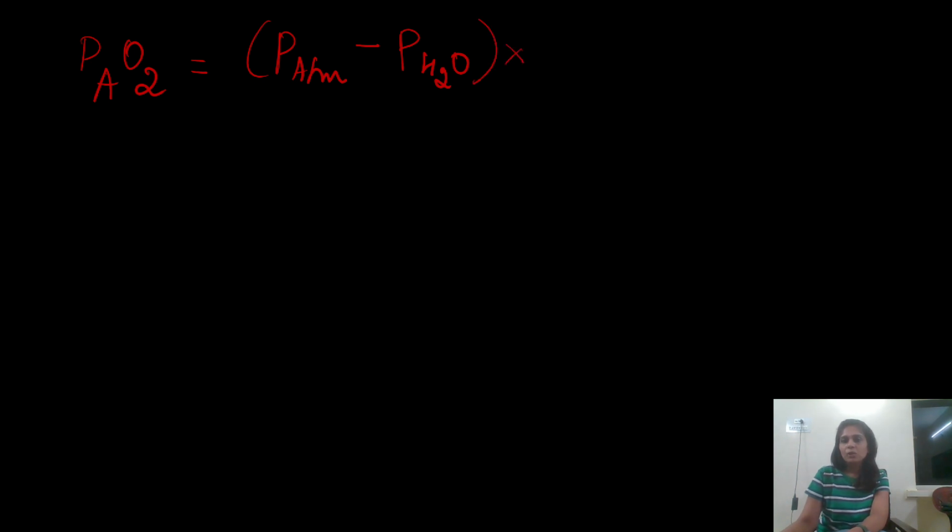The equation is: alveolar partial pressure of oxygen is equal to total atmospheric pressure minus partial pressure of water vapor, into fraction of oxygen in the inspired air, minus alveolar partial pressure of carbon dioxide by respiratory quotient.